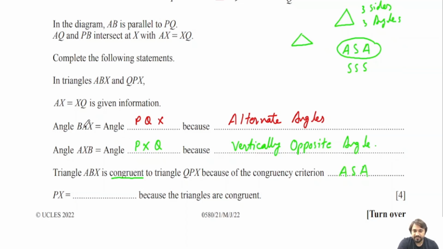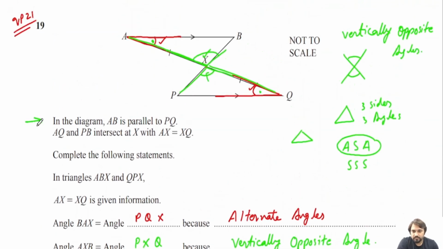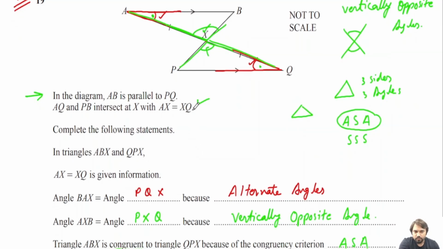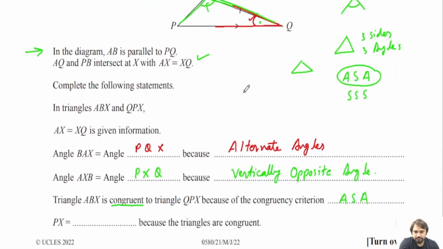We have just proved it, angle BAX is equal to angle PQX. So one angle and the other angle. And in the statement, it is given that AX is equal to XQ. So this is the side. So 2 angles and one side are equal. It means we can apply the ASA postulate, which says that the 2 triangles are equal.